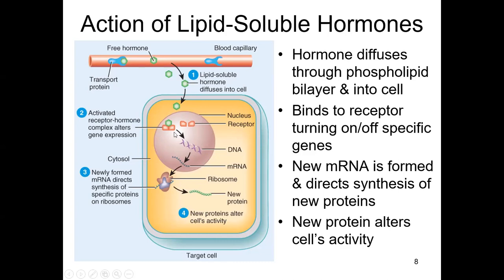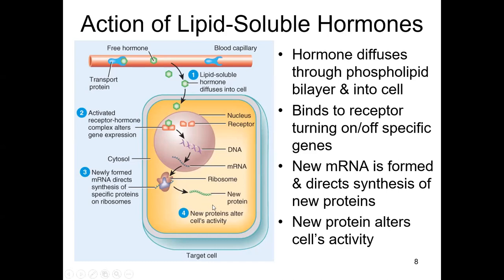So here's the receptor for this hormone, and the receptor and the hormone together can bind to the DNA and make it available for the production of messenger RNA. A messenger RNA will be translated into a new protein. So very frequent consequence of lipid-soluble hormones is the production of new proteins.